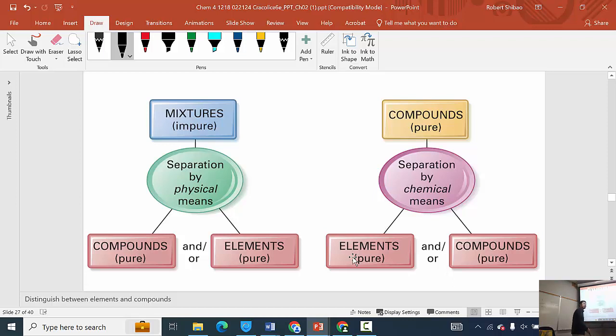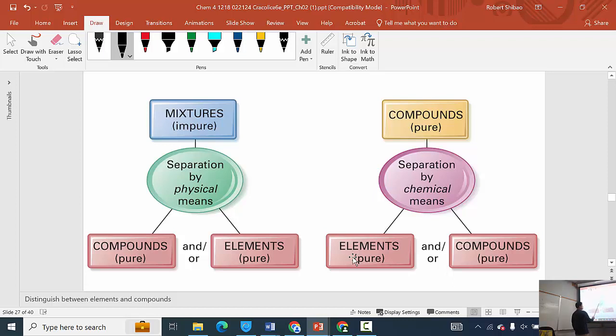However, if it's heterogeneous, then most likely it's a mixture. If it's homogeneous, it could be a mixture, a compound, or an element. If it's pure, it's either an element or a compound.